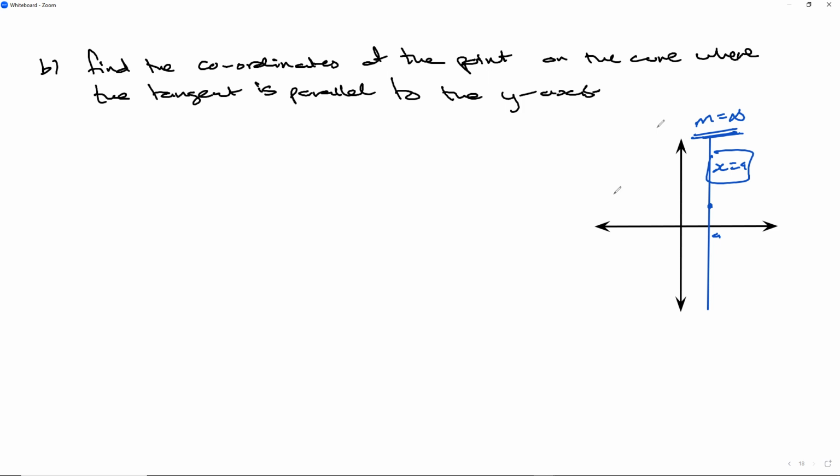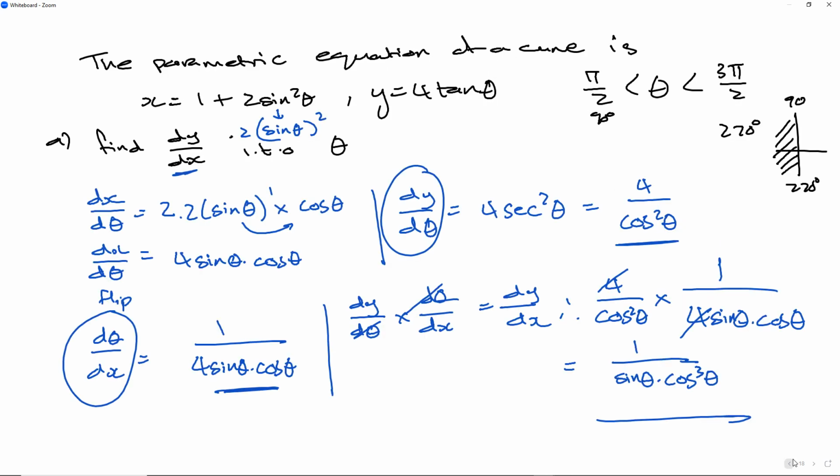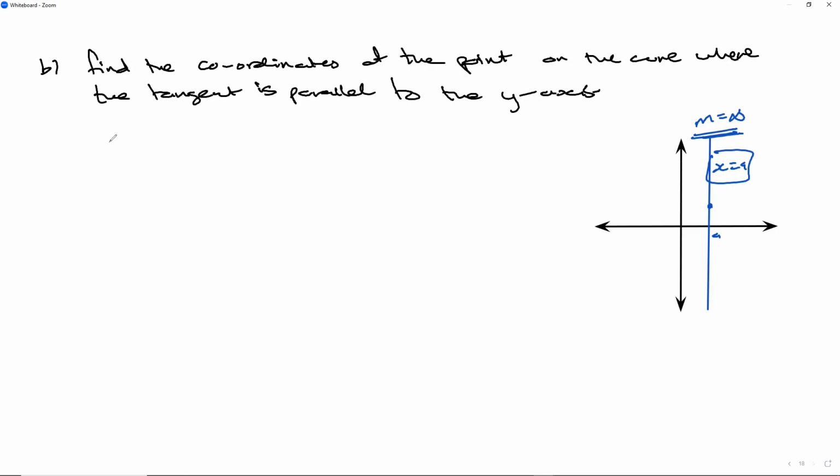So tangent parallel to the y-axis would mean that if I have to go back, this is my derivative or my gradient. My gradient is given by dy dx, and it's given by 1 over sine theta times cos cube theta.